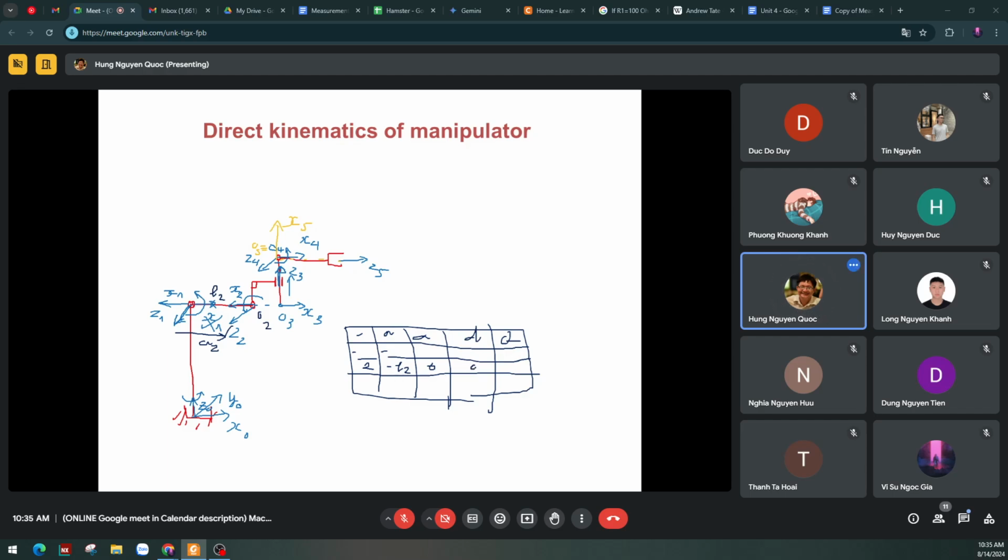This is theta 1, a variable, and you can determine its current value. So you understand? Remember, when we move from 1 to 2, 2 to 3, 3 to 4, you check the direction of the axis, and if it is in the negative direction, then the value should be minus.